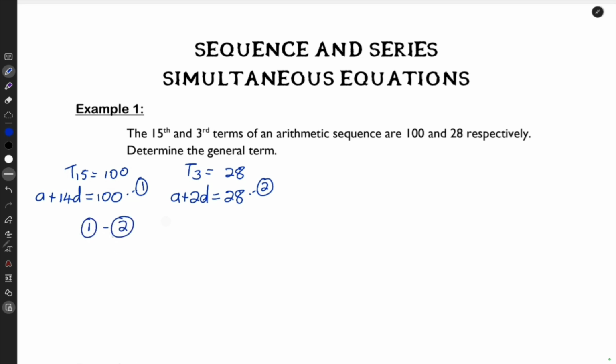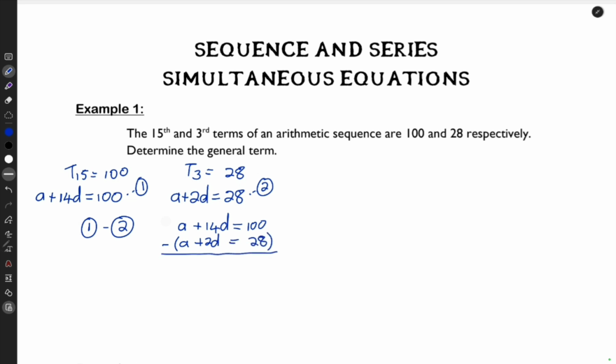I'm always looking for the one with the biggest d value to put first, and then subtract the smaller one. If you do it the other way around, you'll just end up with negatives on both sides, so just divide by a minus and you'll get the answer. So in this case, a plus 14d equals 100, and I'm subtracting a plus 2d equals 28.